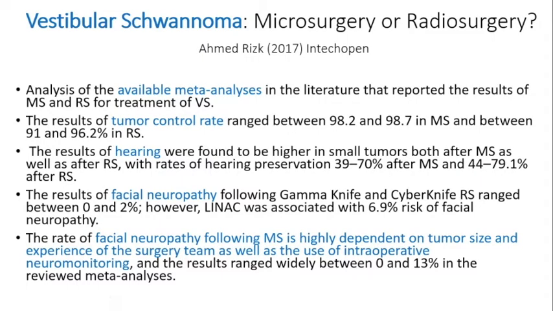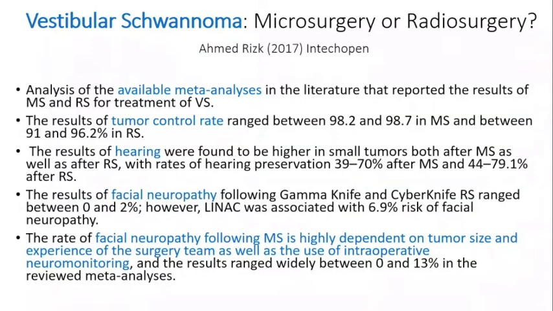Now, if you look at meta-analysis as to what has actually happened now that we have enough experience with radiosurgery of more than 25 years and several years of microsurgery, the modern way of treating acoustic neuromas is a recent meta-analysis which tells us that microsurgery can control the tumors quite well, but the hearing rates are probably similar in both, with hearing preservation rate of 39 to 70% in microsurgery and about 40 to 80% wherever there is serviceable hearing earlier.